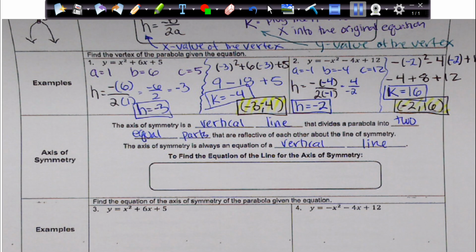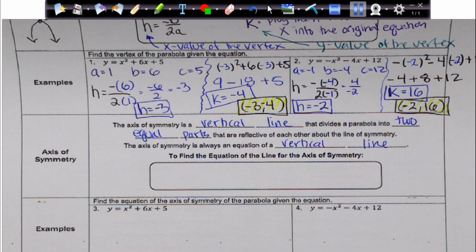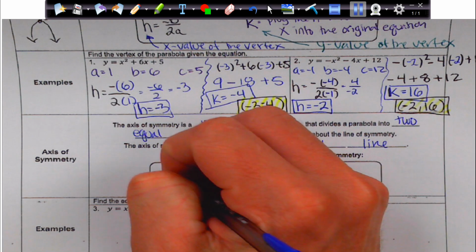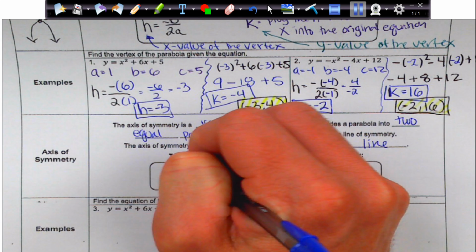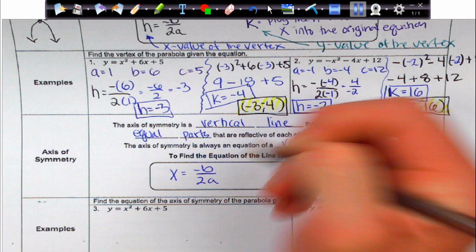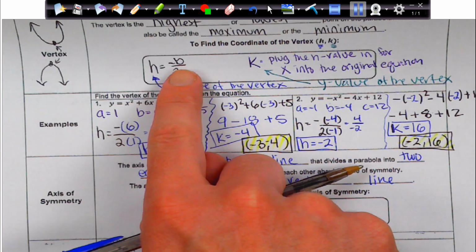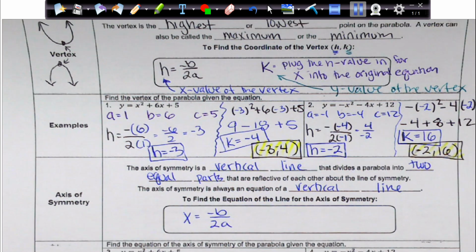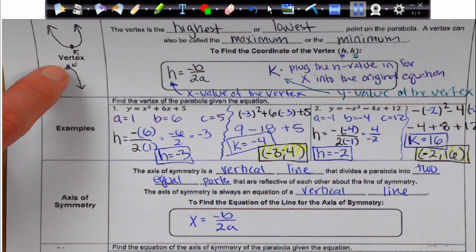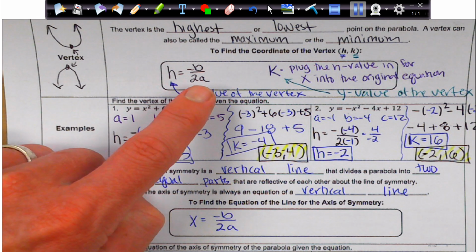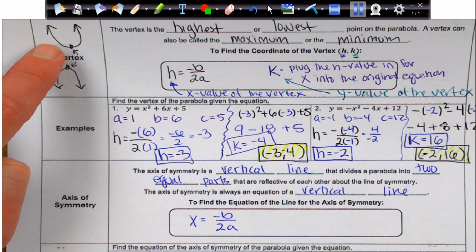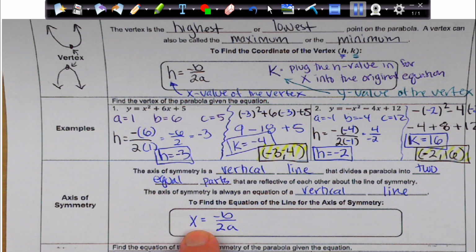All right, so how do we find the equation for the axis of symmetry? Well, it's going to look very familiar. x equals -b over 2a. Now, the -b over 2a is the same thing we saw up here, and that's because the axis of symmetry will always go through the vertex. So the x value of the vertex, if we set that equal to x, will give me the right thing.